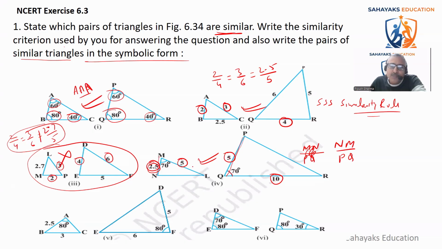NM by PQ is equal to, first I have to write from this side, LM or ML, by, from 70 to the other side, QR. So we're saying two sides are proportionate and the angle between them is the same. So these two are similar by SAS, side angle side similarity.